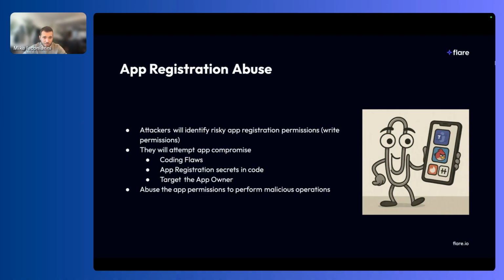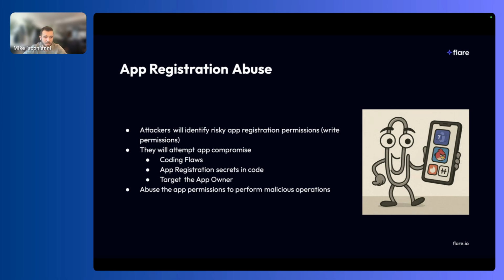App registration abuse. So this is a very common way for attackers to compromise the environment. Attackers will essentially look at all of the applications that you have in place. So not the apps on Clippy's phone, the apps within your Entra environment.